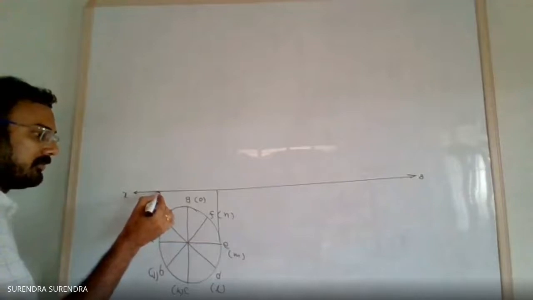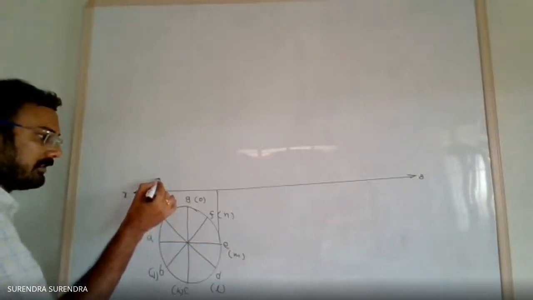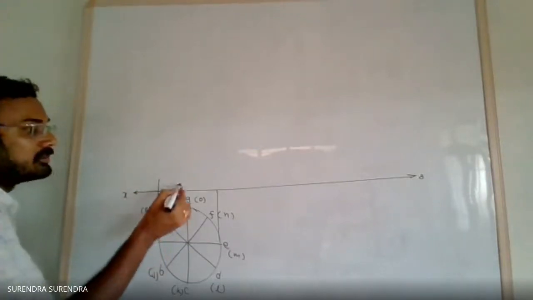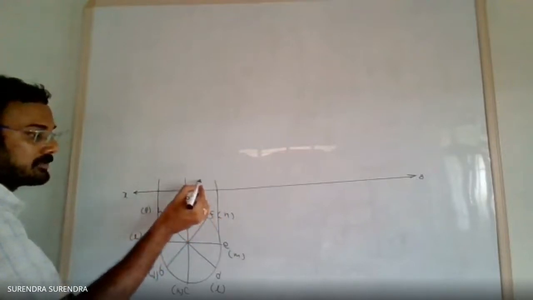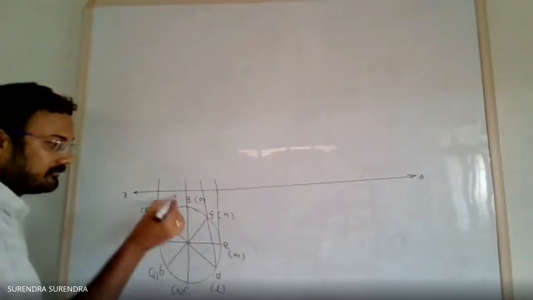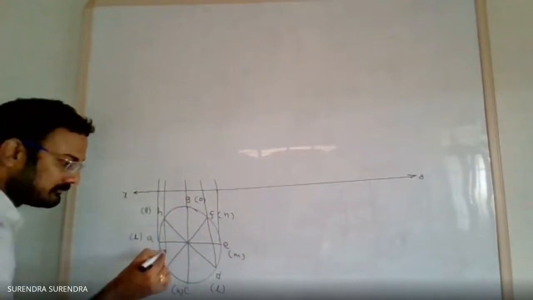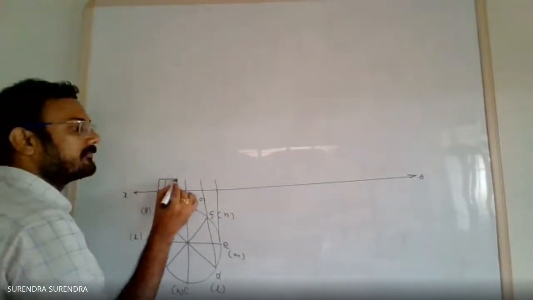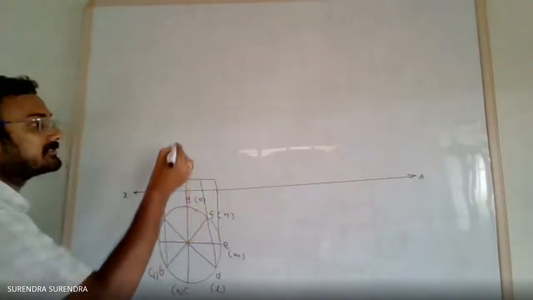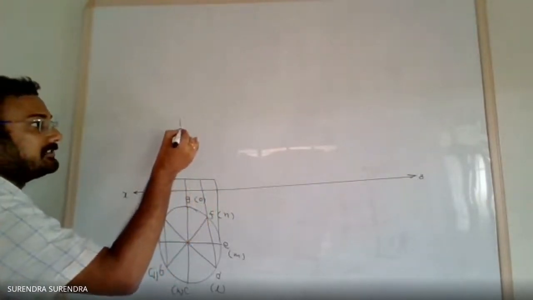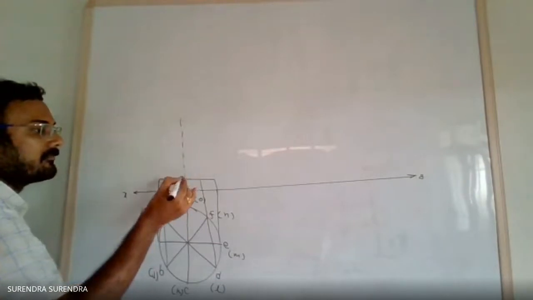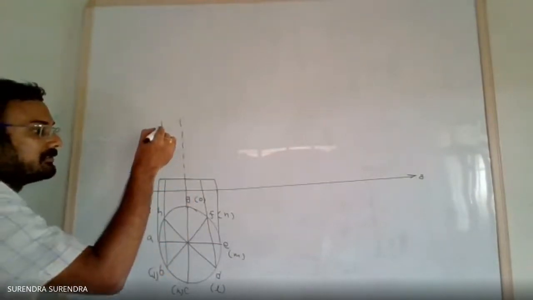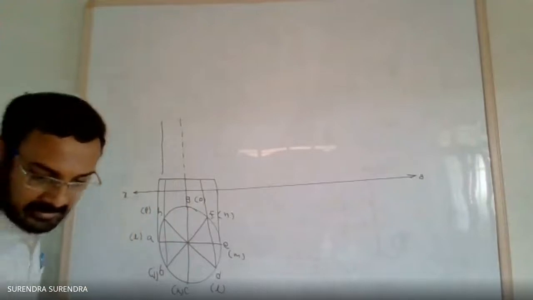Or even you can draw it on the XY line. So I am drawing it at a height of 20 mm above the XY line. Drawing all the projectors, and first the base, and next drawing the axis line as per the given dimension, completing the rectangle shape.